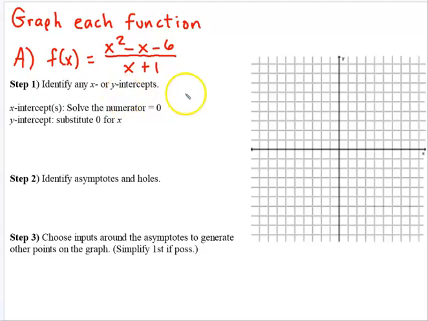The first thing you should always do, I've already said this, but make sure before we get into the steps, and this is a repetitious step-by-step process, I think if you do the same thing every time, step by step, it makes it easier to remember when you get to the test. I'm not going to provide the step 1, step 2, step 3 on the test. It's going to be up to you. But I would make this part of your routine because then it gets easier to remember when you do it on your own. But the first thing you should always do, if possible, is factor.